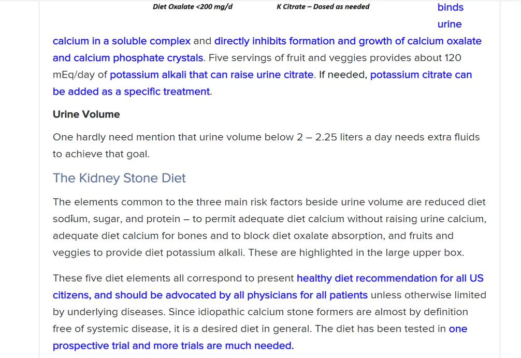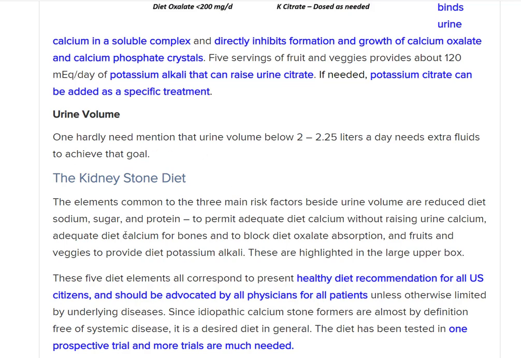You want reduced sugar and protein to block calcium loss. And this allows you an adequate diet calcium without raising the urine calcium. So you have calcium for your bones, and that calcium will block oxalate absorption. You want fruits and veggies to give you your diet potassium alkali.